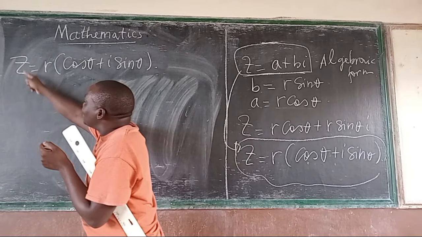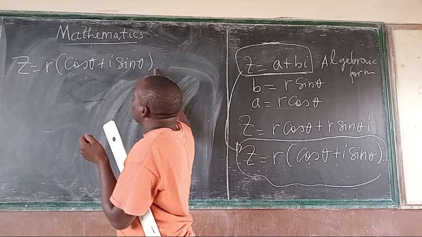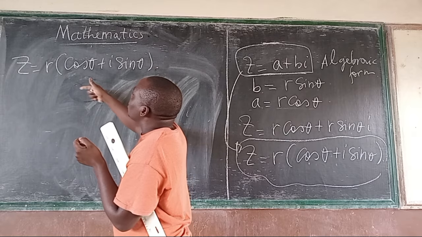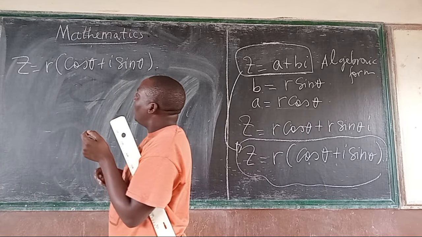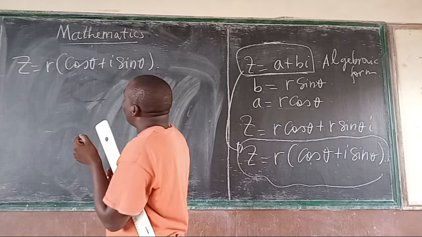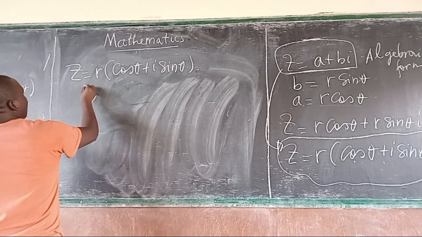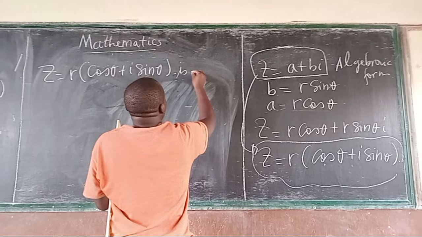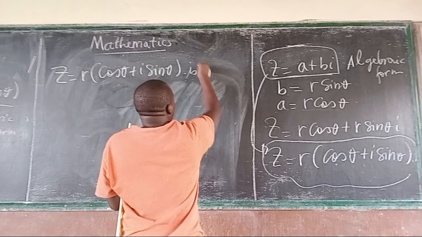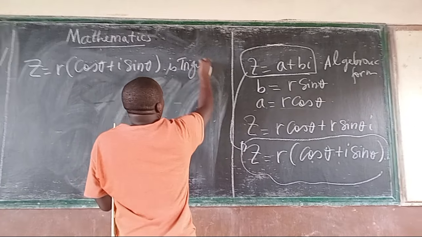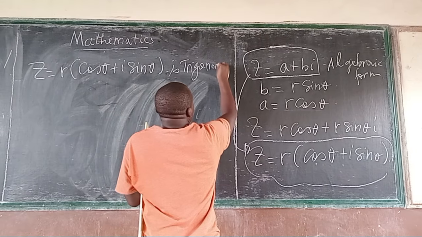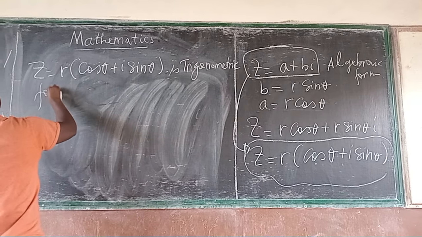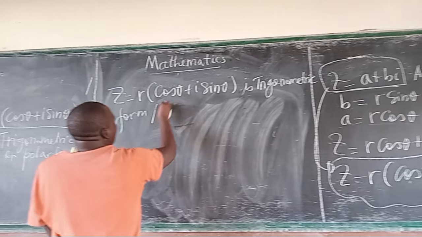The good expression of trigonometry in complex numbers. Simply, this is what you call the trigonometric form of complex numbers. Trigonometric form is the same as polar form.